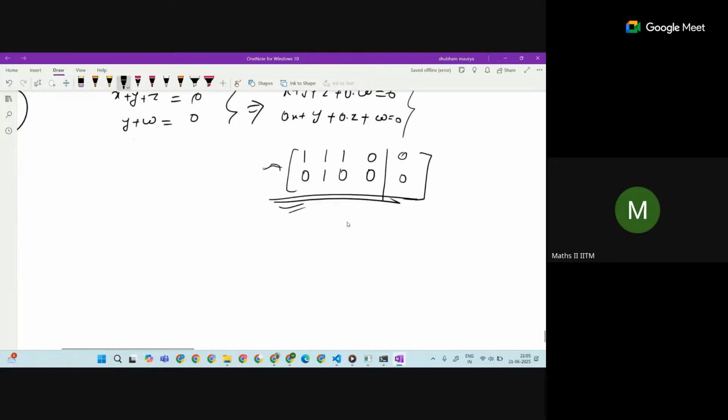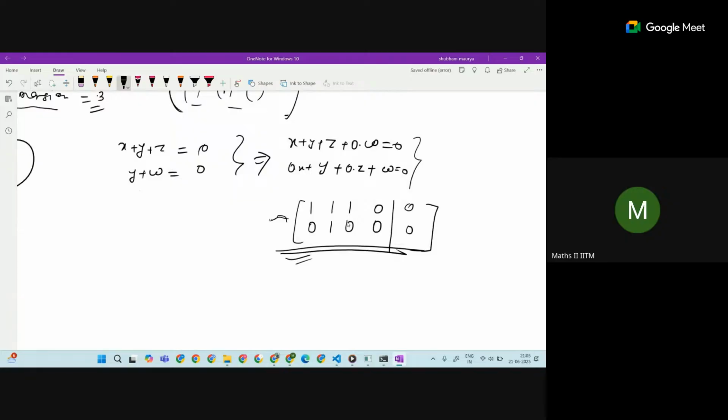What you can do is take the second equation and write y is equal to minus w. And you can substitute it in the first equation: x, in place of y, substitute minus w, plus z is equal to 0. So finally you can write x is equal to w minus z.